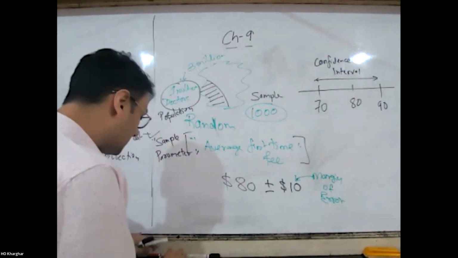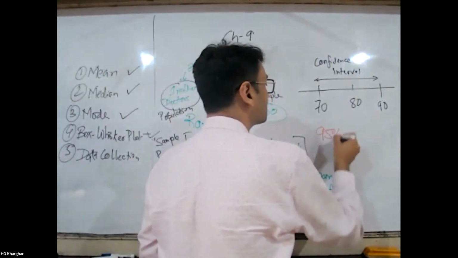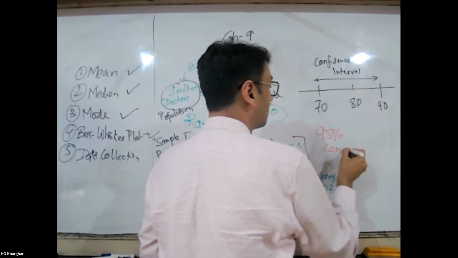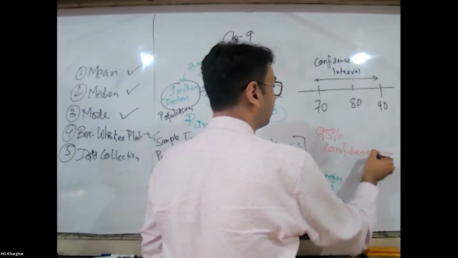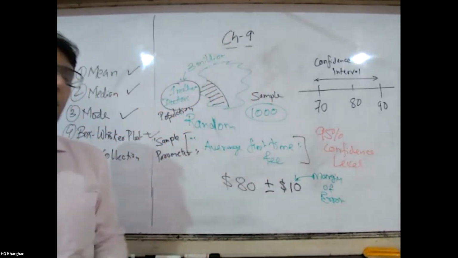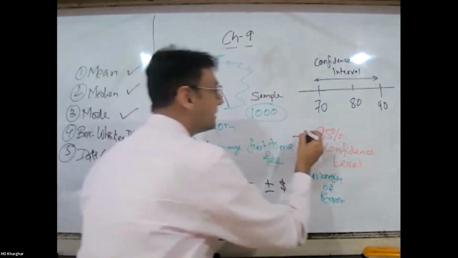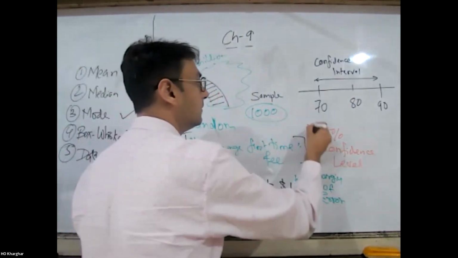Now, as a researcher, I say that my confidence level with my study, this is confidence level, not interval, is 95%. What does this mean?